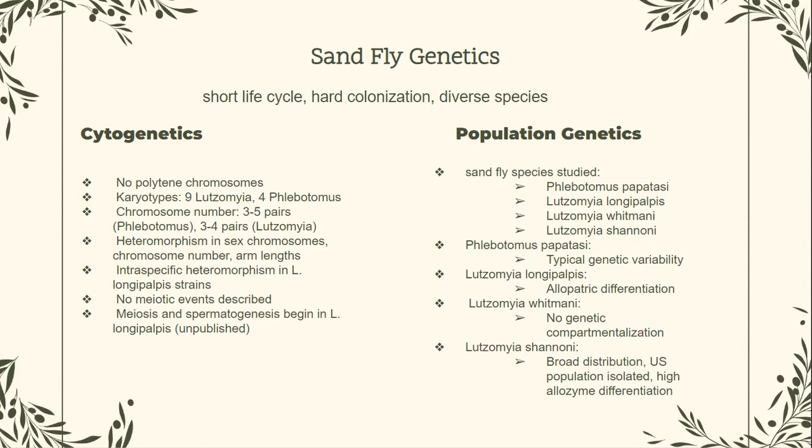Lutzomyia whitmani does not show similar genetic compartmentalization, despite a similar broad distribution. And Lutzomyia shannoni is found in tropical and subtropical forests, and it has a broad geographic distribution, but its U.S. population is isolated from its conspecifics by several hundred kilometers, with a high degree of differentiation in allozyme constitution, but without morphological divergence.